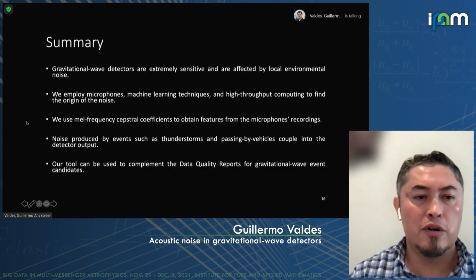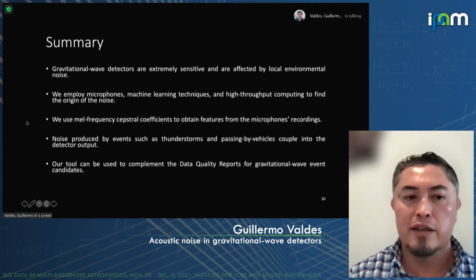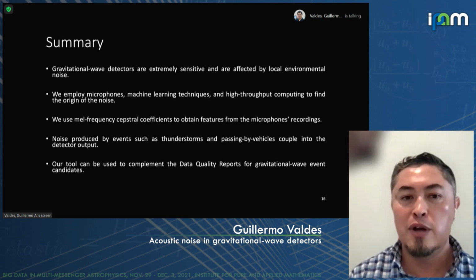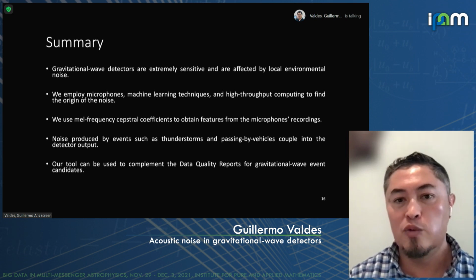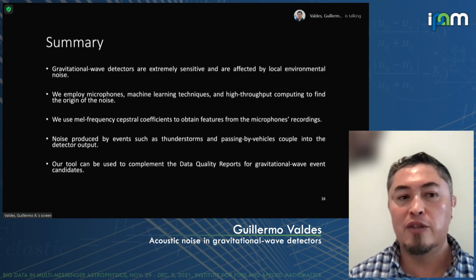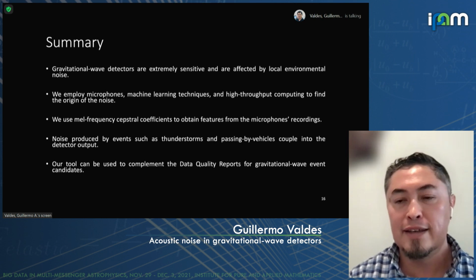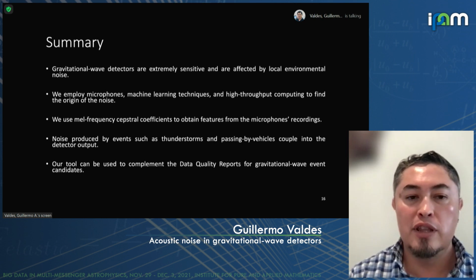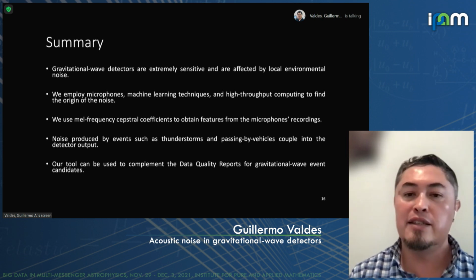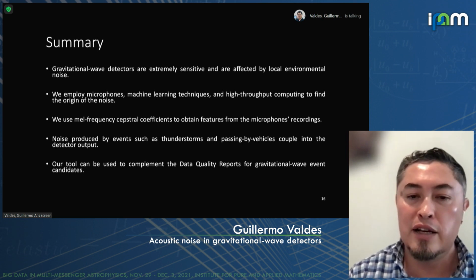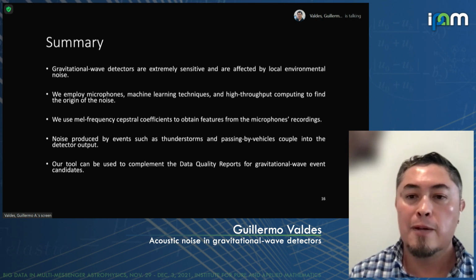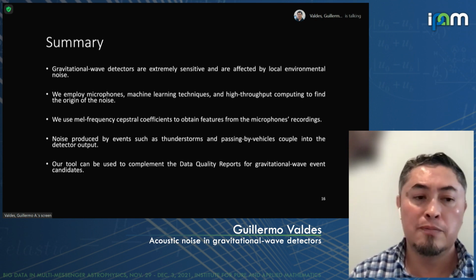So, as a summary for this presentation, we have these gravitational wave detectors that are very sensitive, and therefore it's very common that we have some effect from noises, in this case acoustic noise. We employ the microphones, machine learning techniques, and HTCondor, this high throughput computing framework, to find the origin of the noise.